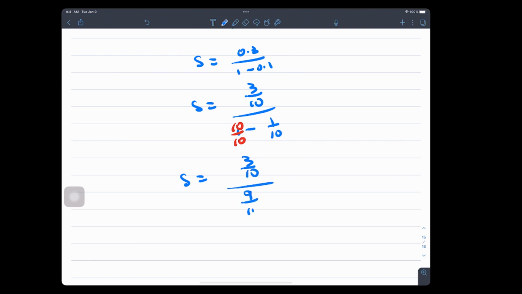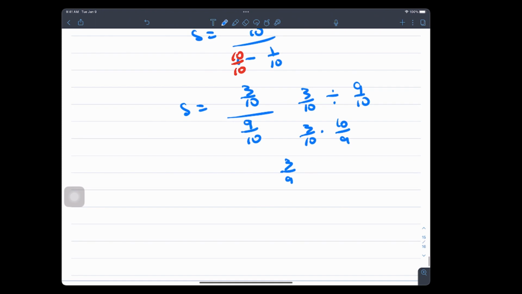Is that 9/10? So this will be 3/10 divided by 9/10, which is 3/10 times 10 over 9, 3/9. What's our sum? Our sum's 1/3.